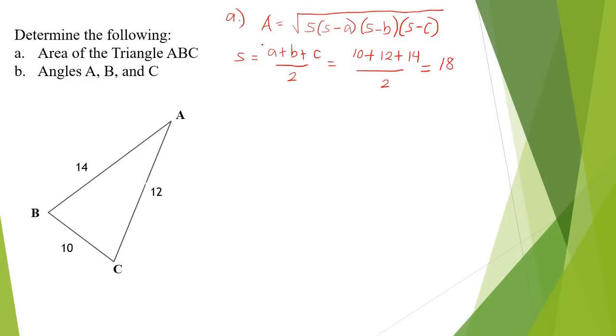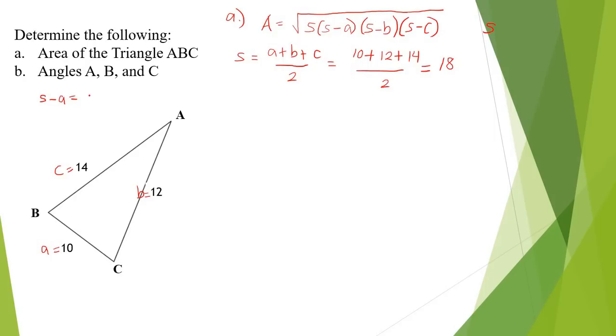Okay, so S minus A, so our A here is 10, this is our B, and this is our small letter C equals 14, and B is equal to 12.